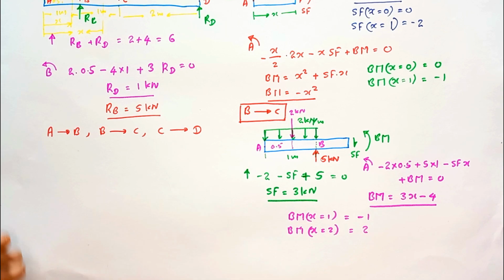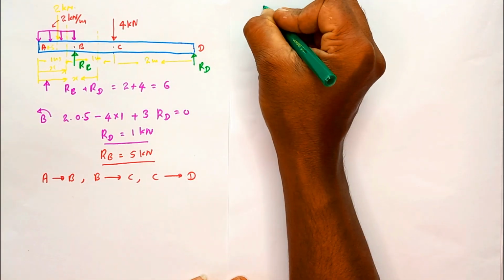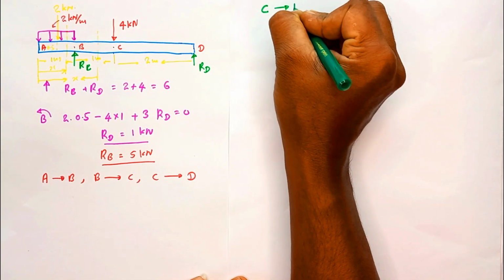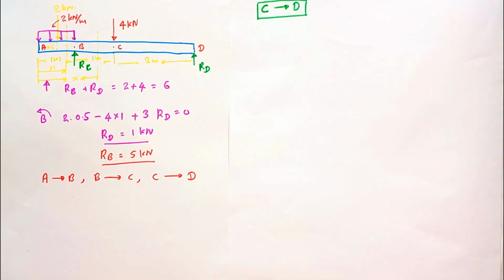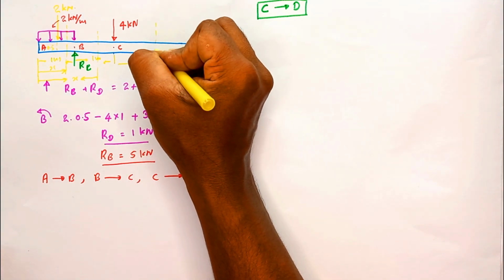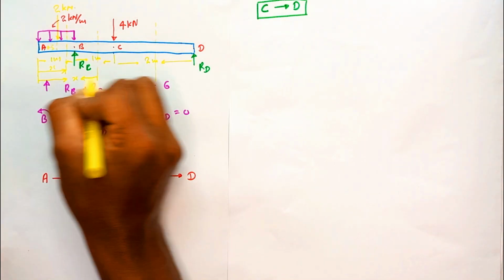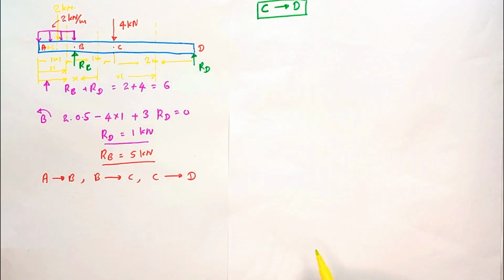Then let's consider the C to D region. To obtain the equations for the C to D region, I am going to introduce an imaginary cut between C and D, at x distance from the left hand side end.